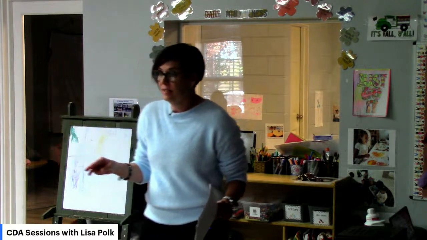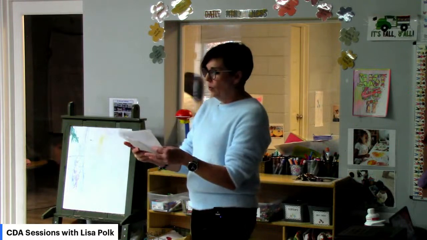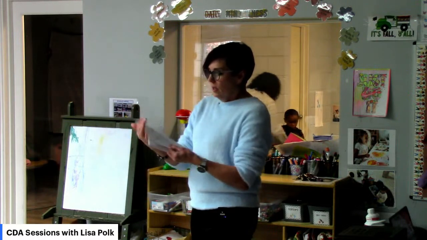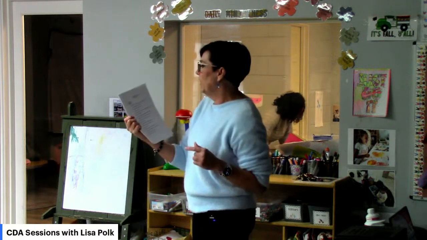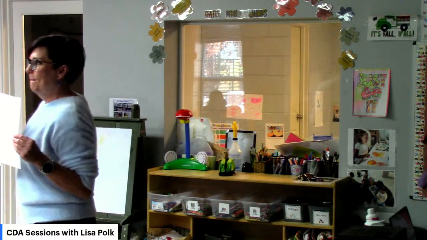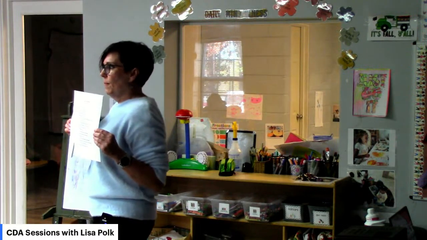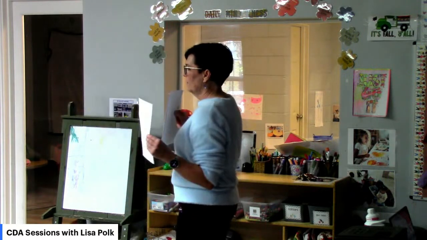On this handout at your table, go down through each of these indicators and put emerging, developing, or mastery. Okay?